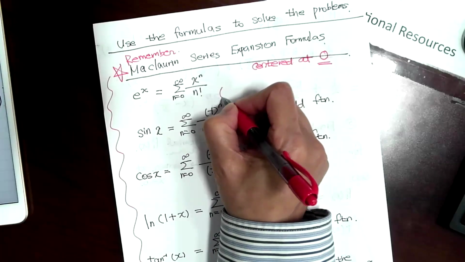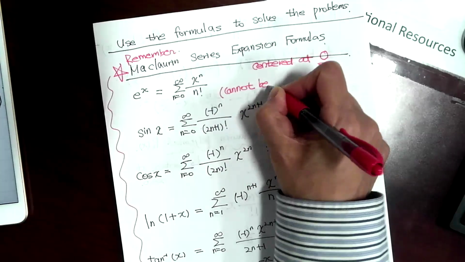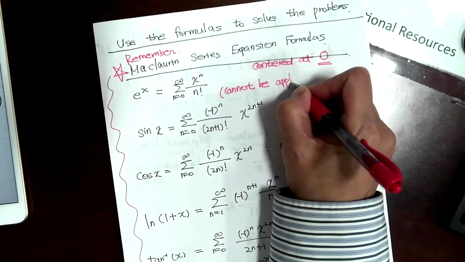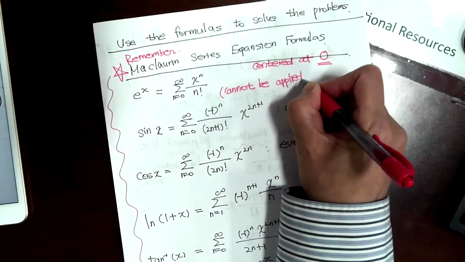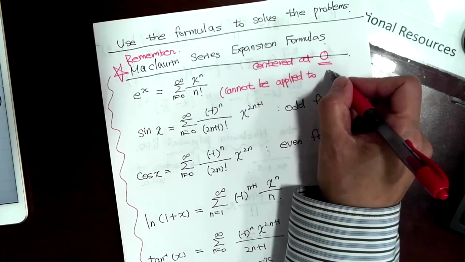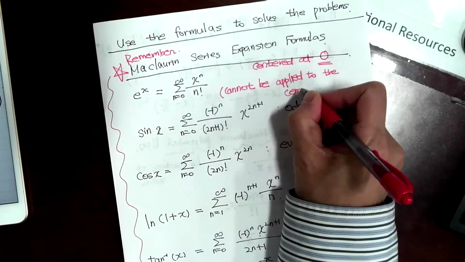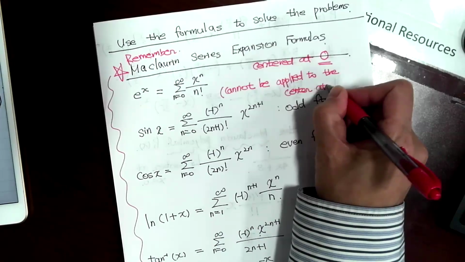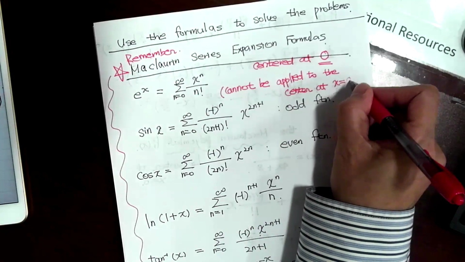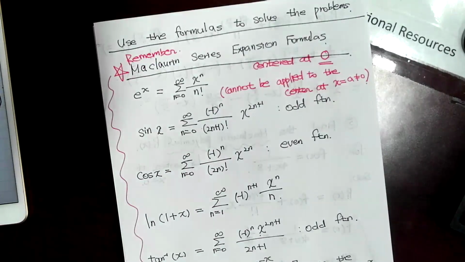This one cannot be applied to the center at x equals a, which is not equal to 0, which means general Taylor series.